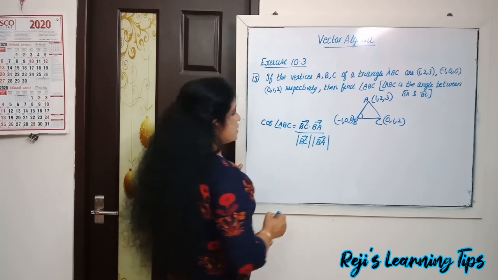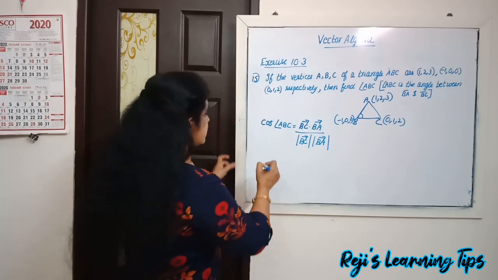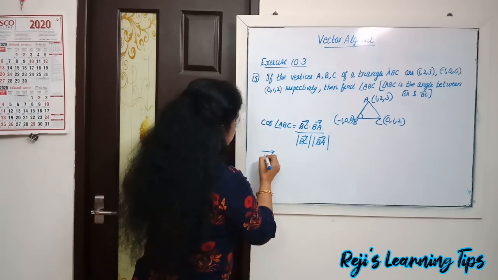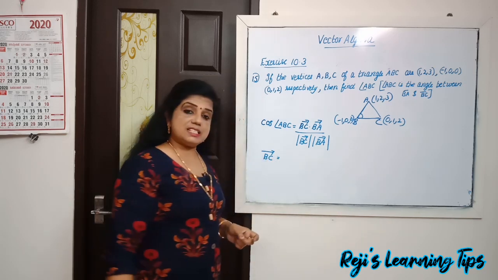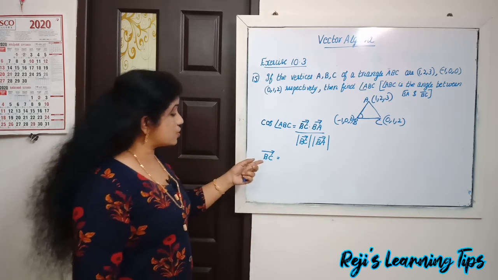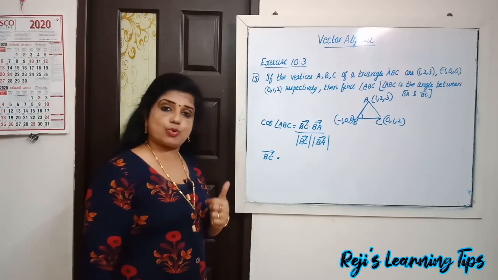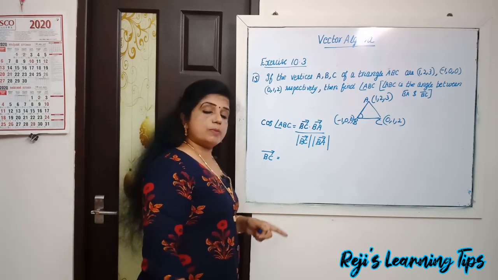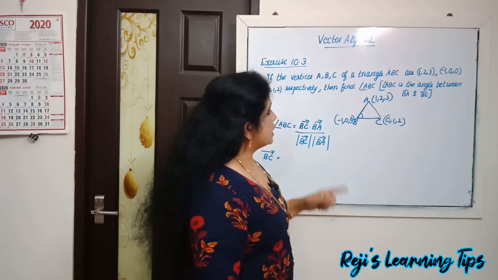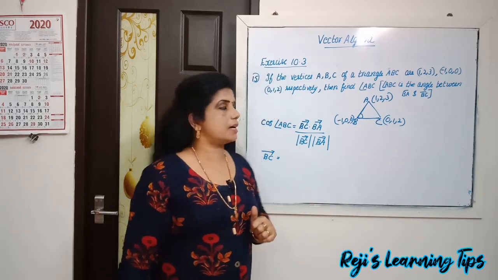Okay. Then first we should find vector BC. How can we find vector BC? Vector BC is the position vector OC minus OB, otherwise (x2 minus x1) i cap plus (y2 minus y1) j cap plus (z2 minus z1) k cap.